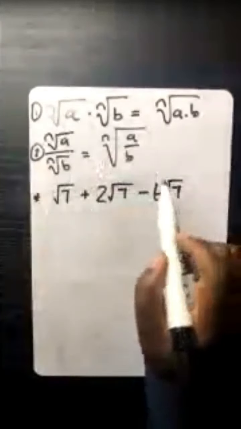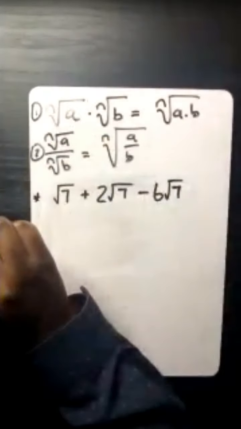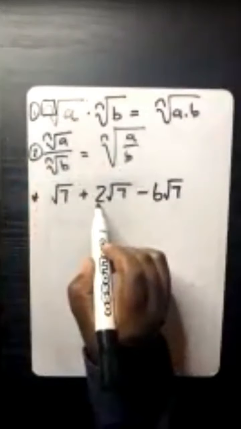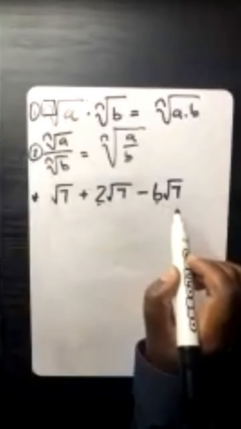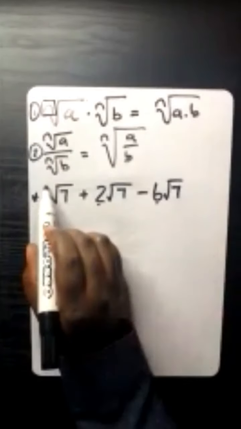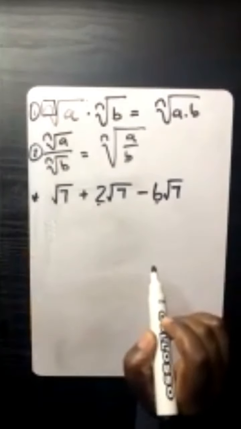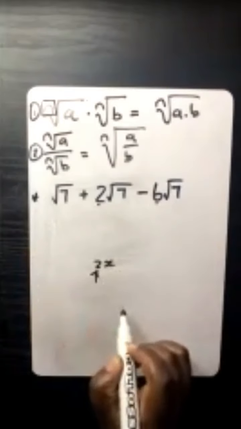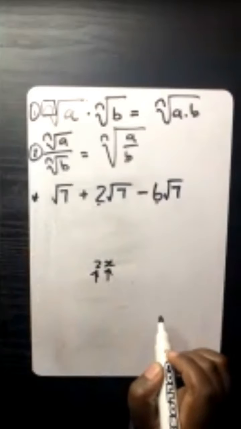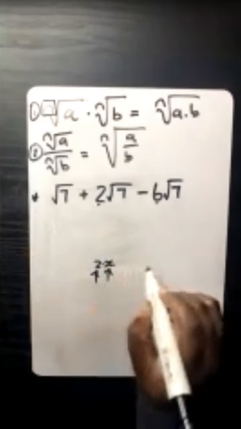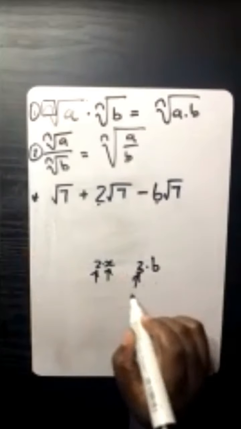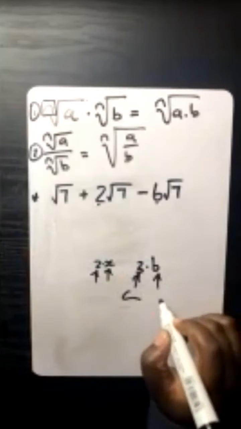I'll just find out what is the correct way of calling that number over there, because this one which is a 2 is a coefficient, this one which is 6 is a coefficient. So we also have an invisible 1 over there, which is a coefficient. A coefficient is more like the 2 in 2x, and I think a letter is a variable. So a number multiplying a letter is called a coefficient, and the letter is called a variable.